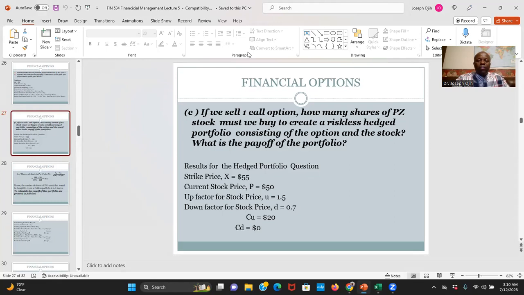Again, remember it says, if I sell one call option, how many shares of PZ stock must we buy to create a riskless hedge portfolio consisting of the option and the stock, then what is the payoff of that portfolio? So let's go to Excel.